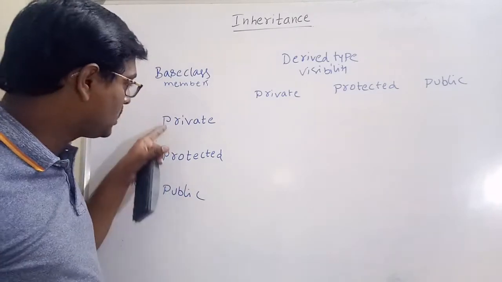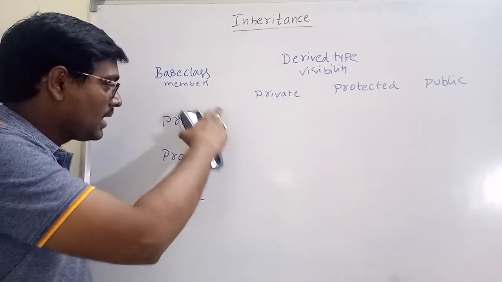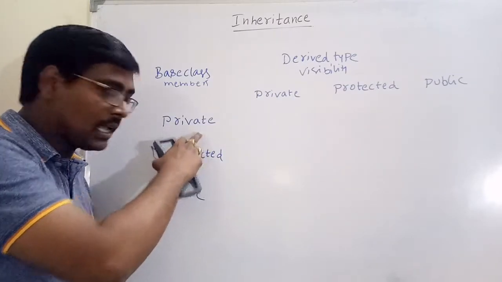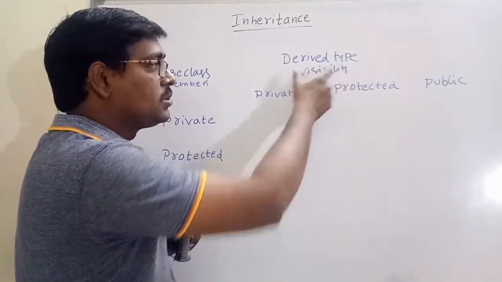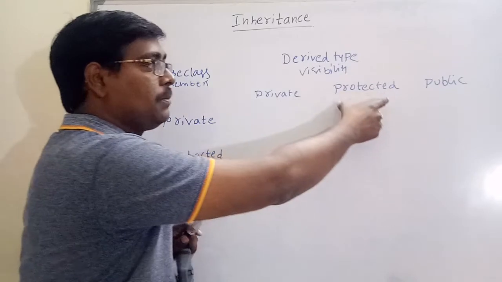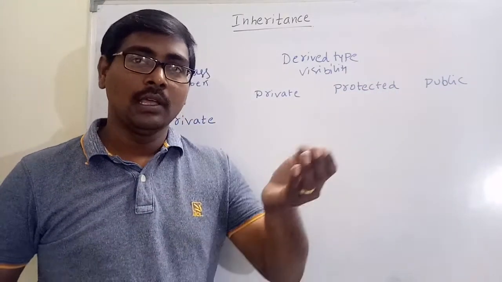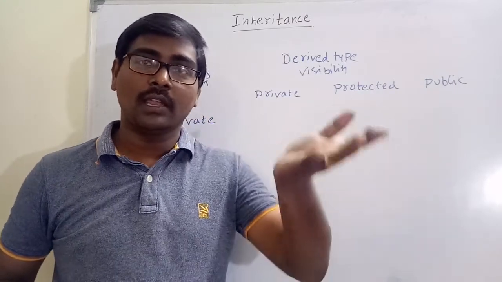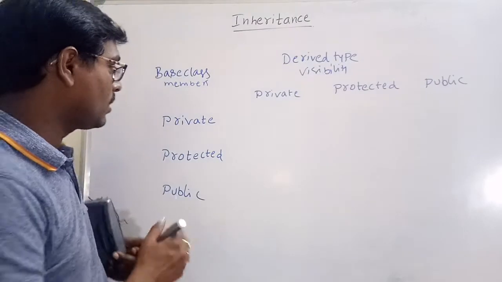Here the table is: these are the members. That is, the base class members are of either private type, protected type or public type, and the derived class visibility mode is private, protected or public. Remember one point: the lowest one is private, the next one is protected, and the next one is public. Assume like that.